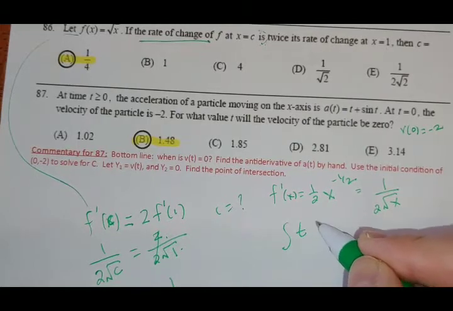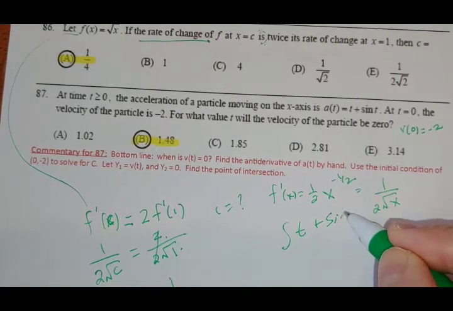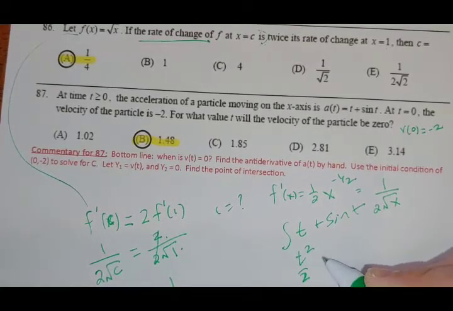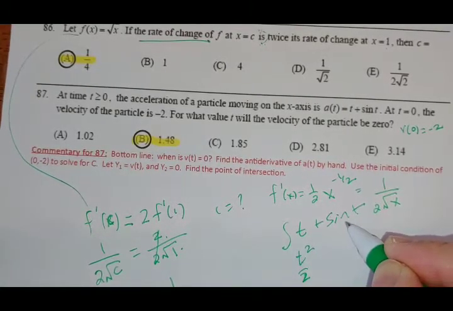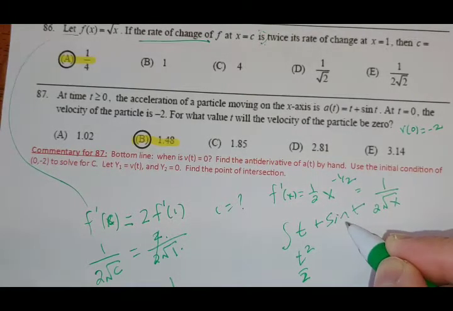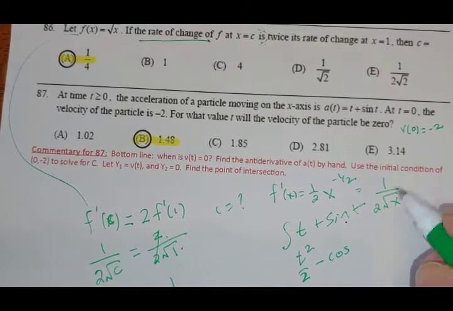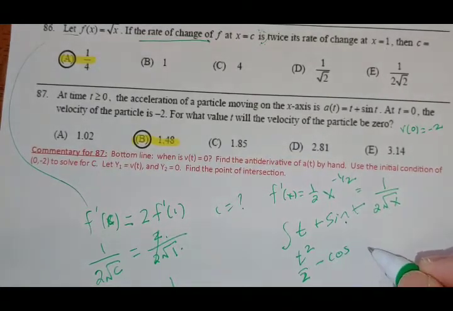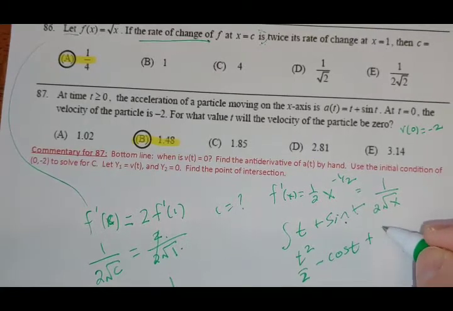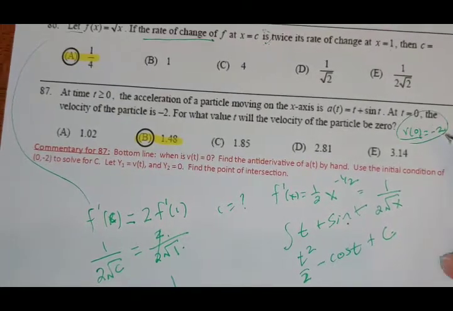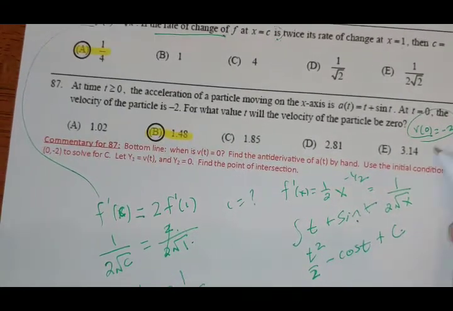So the antiderivative of t plus sine t gives me t squared over 2. Be careful with the antiderivative of sine. So let's think about this. The derivative of cosine is negative sine. So the antiderivative of positive sine is negative cosine of t plus c. And we have an initial condition. Remember back here, v of 0 is negative 2.